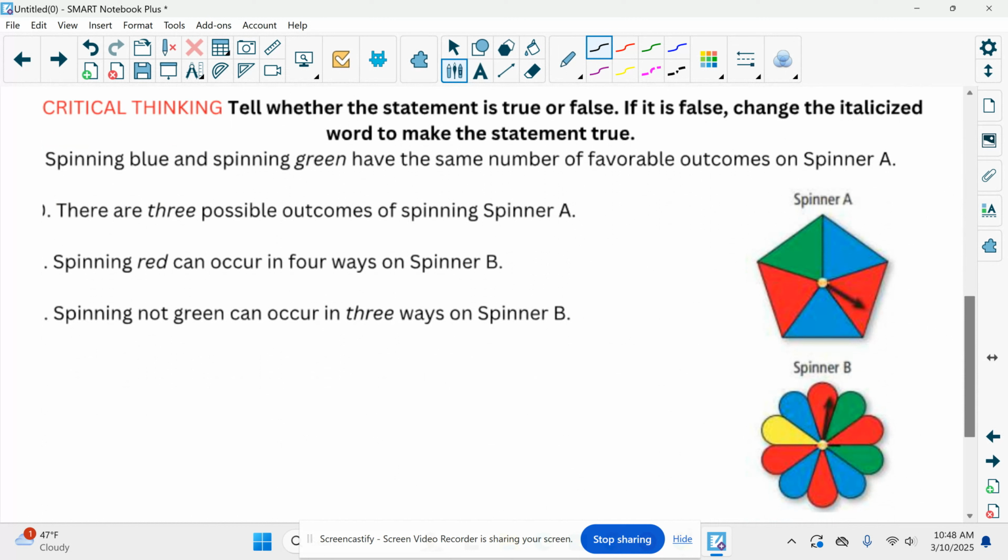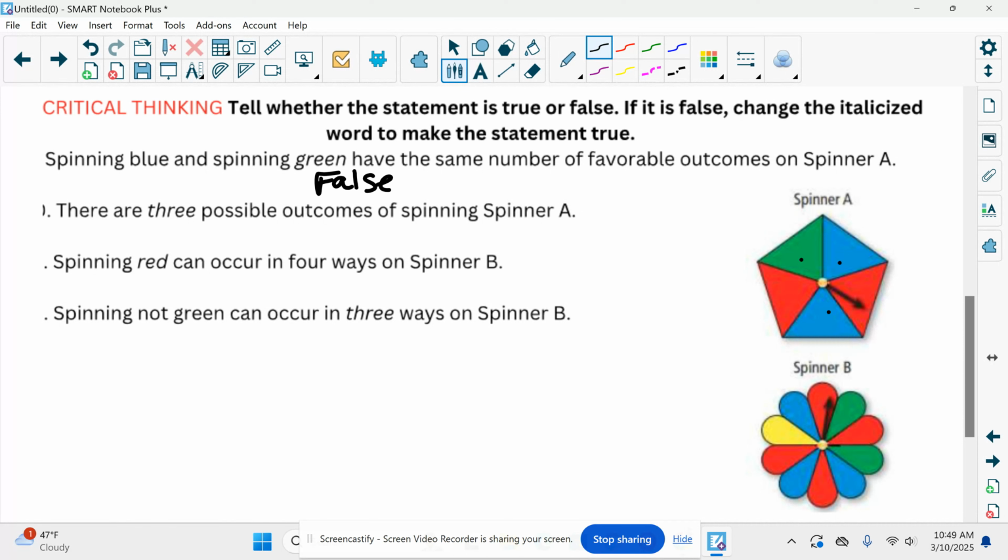So here's spinner A. What are the number of favorable outcomes of spinning blue? 2. What's the number of favorable outcomes of spinning green? 1. So is this true or false? False.